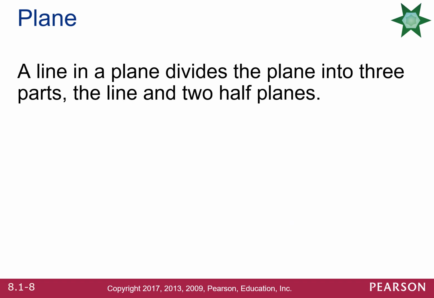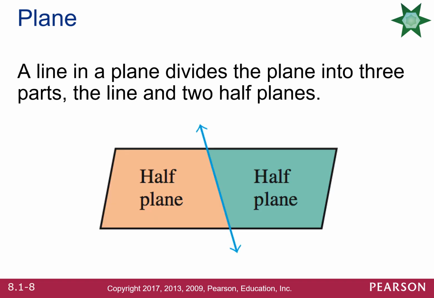Now, a few other things about a plane. It says here a line in a plane divides the plane into three parts, the line and two half planes. So here we have this rectangle or parallelogram, so to speak, and we draw a line through the plane. And what happens is this line divides the plane into three parts. One half to the left, one half to the right, and the line itself is the third part.